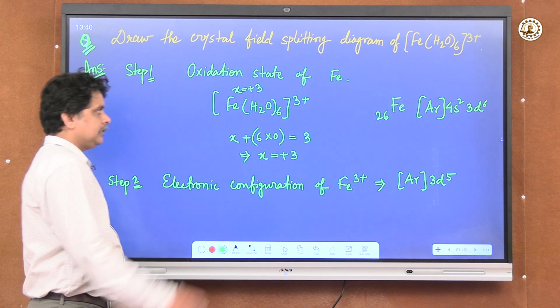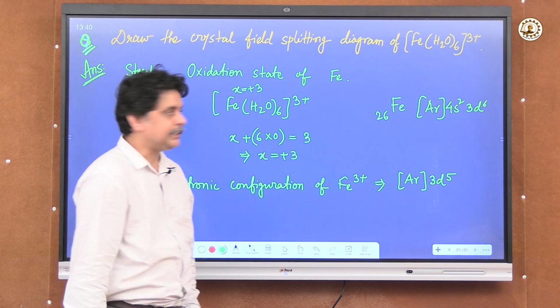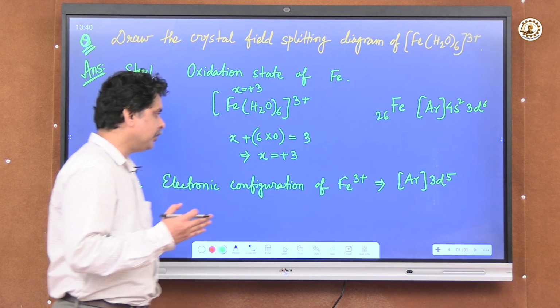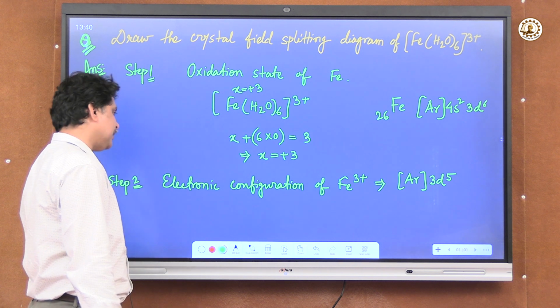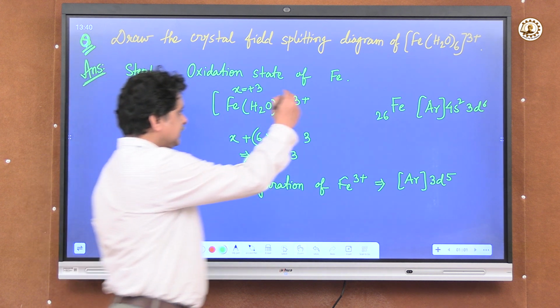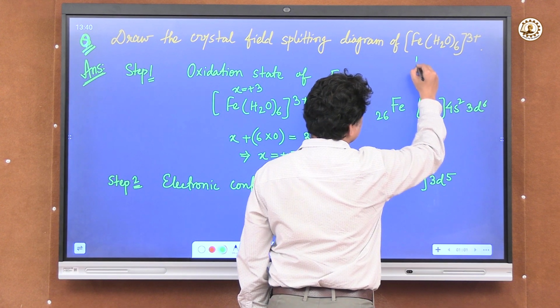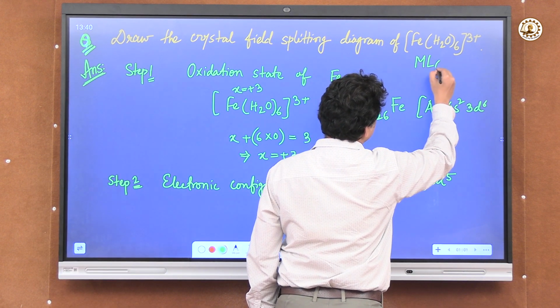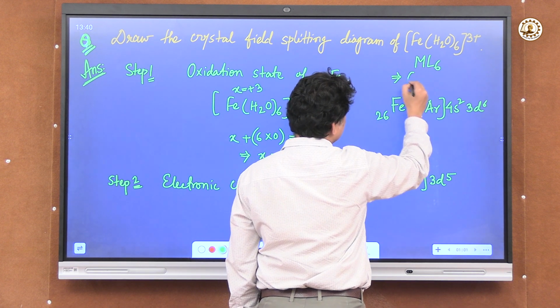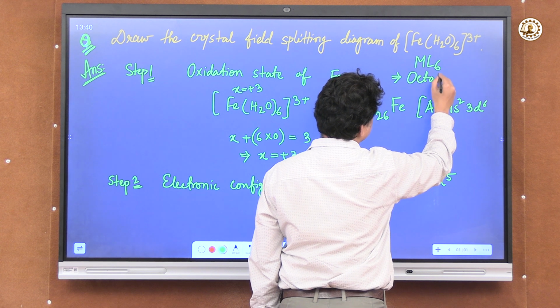Now the given example [Fe(H2O)6]3+ has a central metal iron 3+, and we know its electronic configuration is 3d5. This complex we can easily understand is ML6 type, one metal bonded with 6 ligands, or we could say this is octahedral.